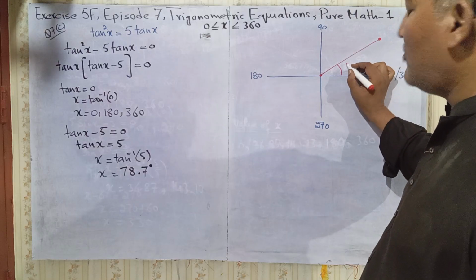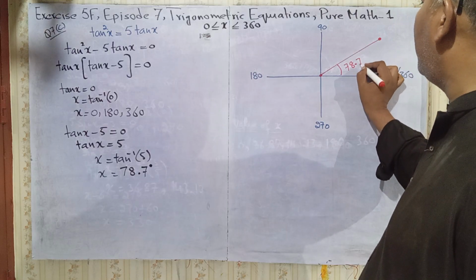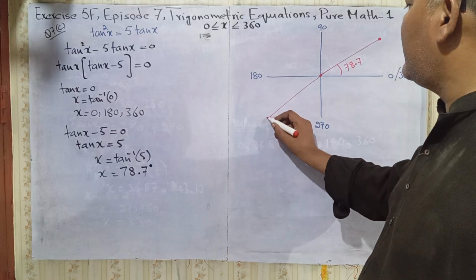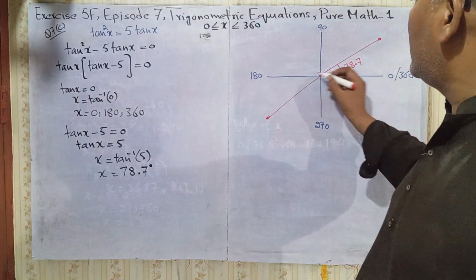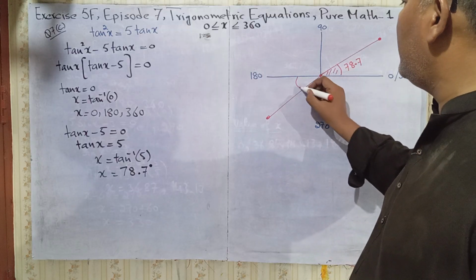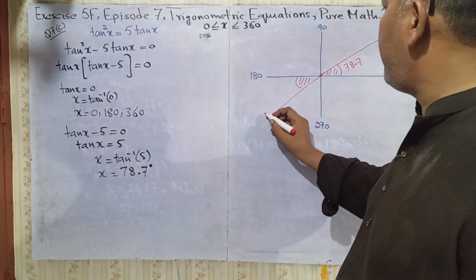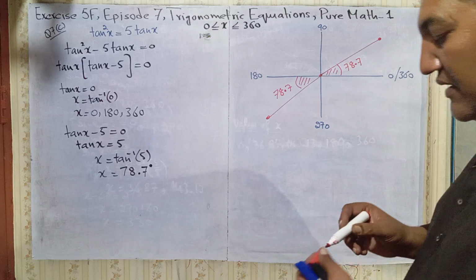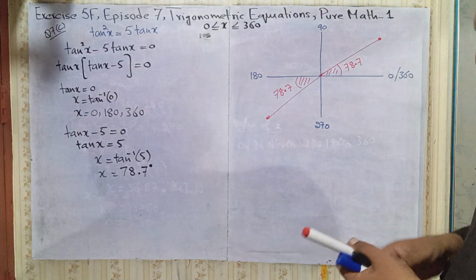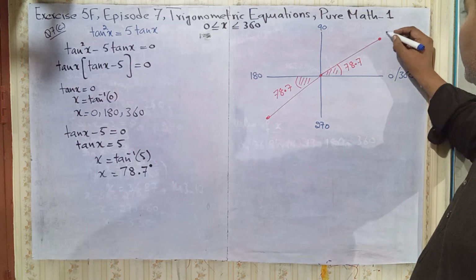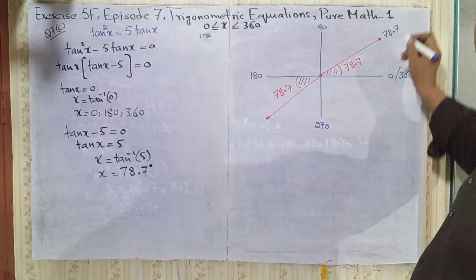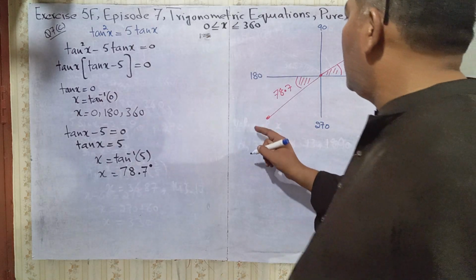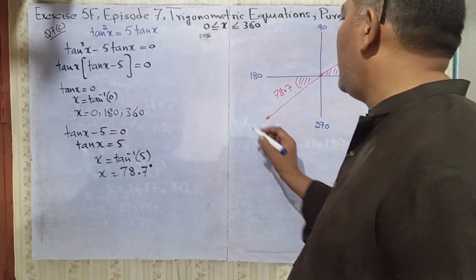So this angle is 78.7. The tan is also positive in the third quadrant. So my base angle will also be 78.7, and this angle is basically 180.